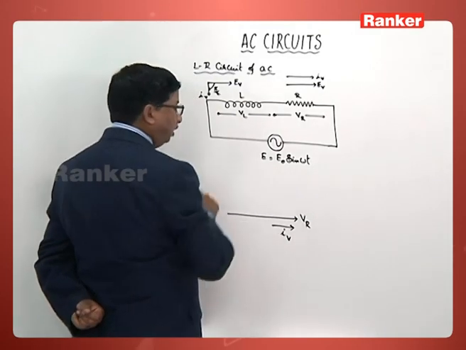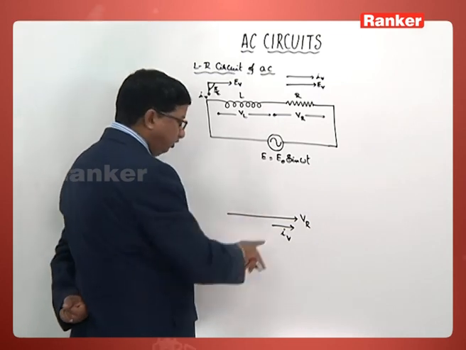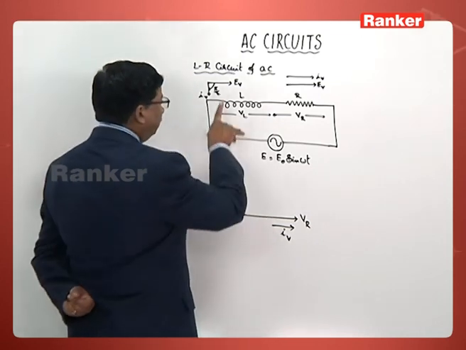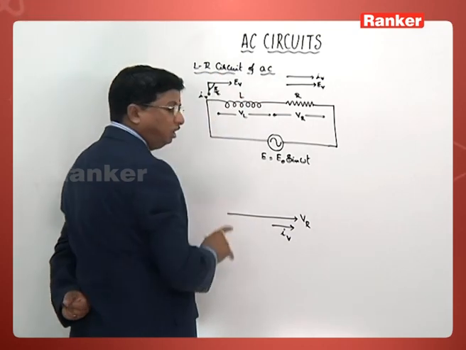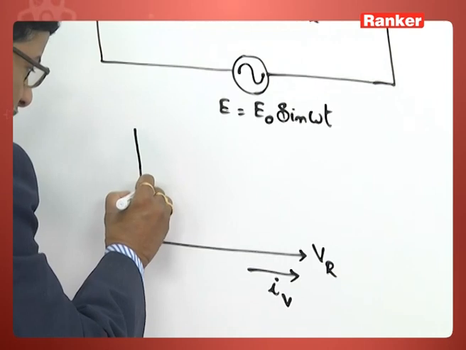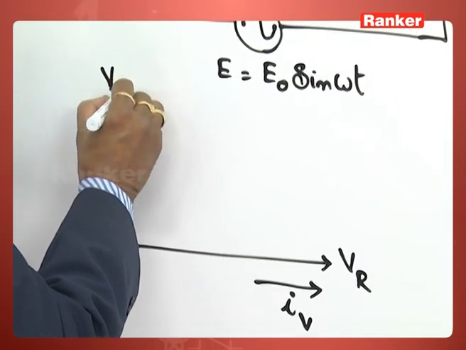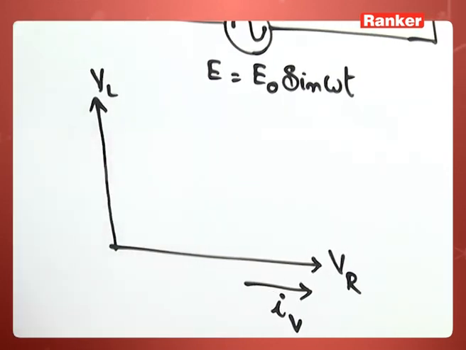Whereas in the case of inductance, when current is in this particular direction, this EMF is leading the current by pi by 2 radian. Therefore, you will find the direction for VL will be like this.